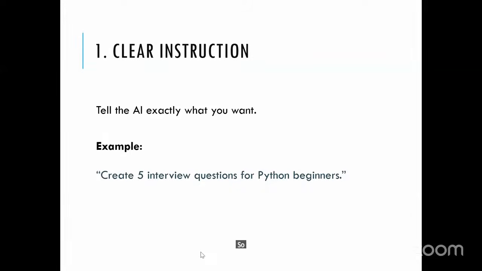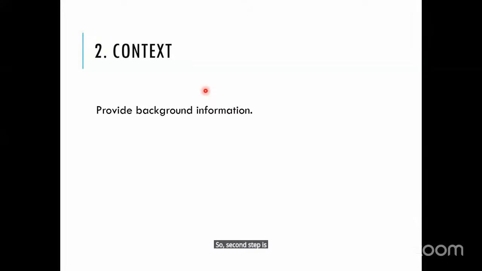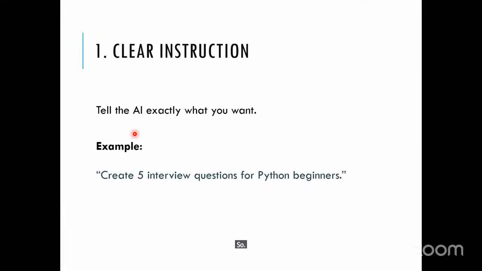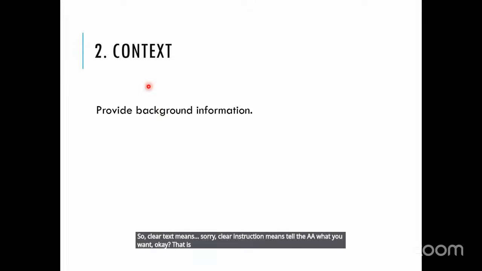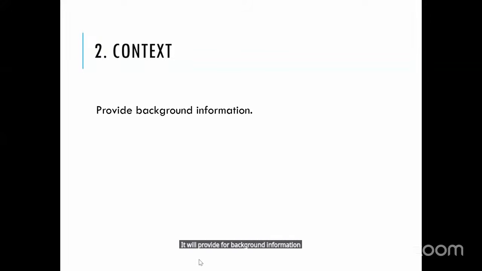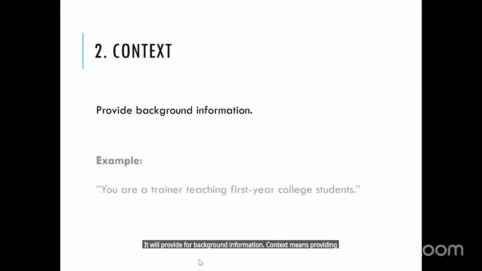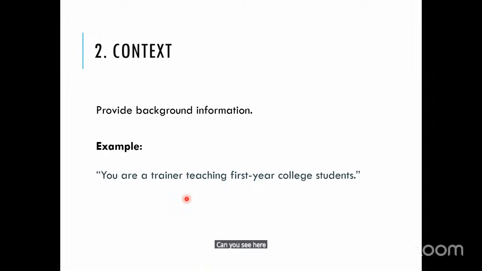So the second step is context. You have to understand all this. Clear instruction means telling the AI what you want. Second is context. It provides background information. Can you see here? You are a trainer teaching first year college students.